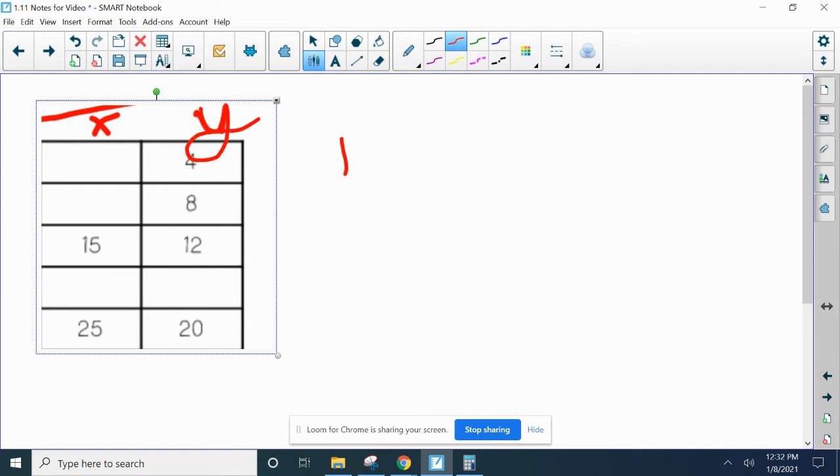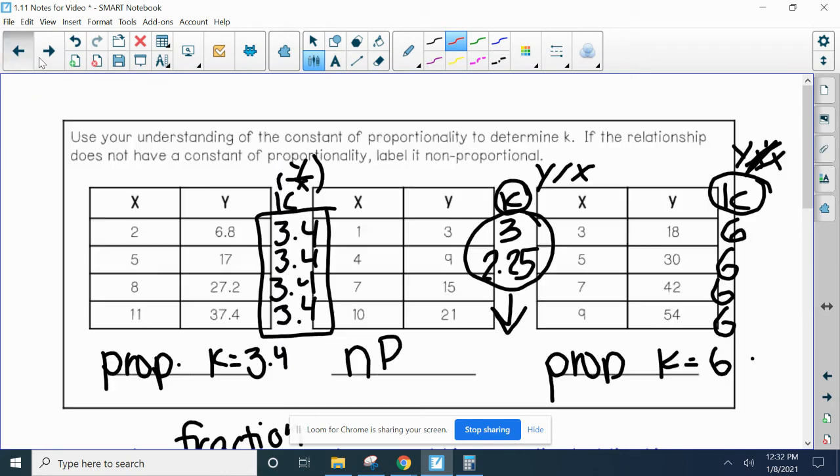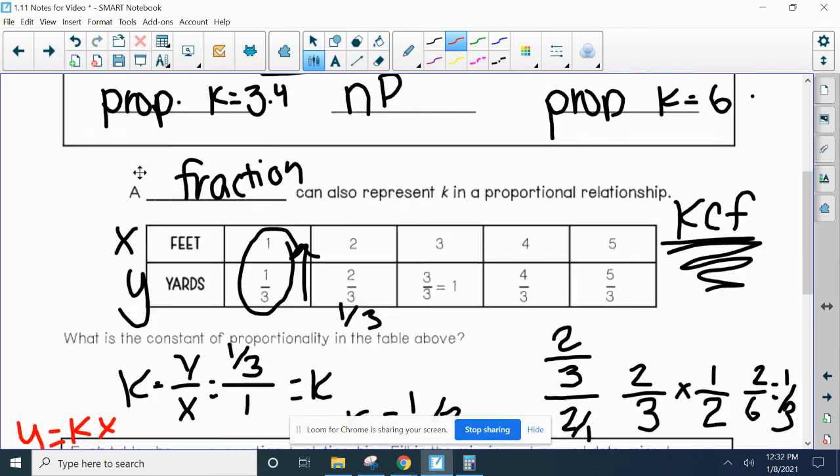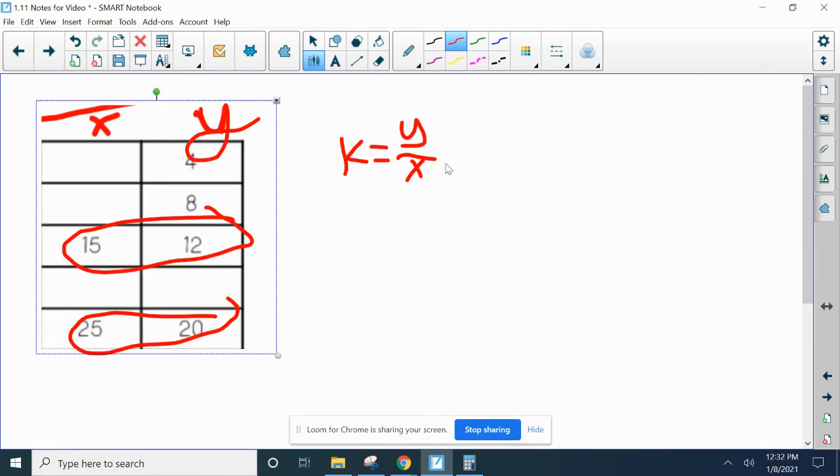All right. So we know k is equal to y divided by x. We had two values here we could have used. So we're going to go ahead and say that k is equal to y over x.